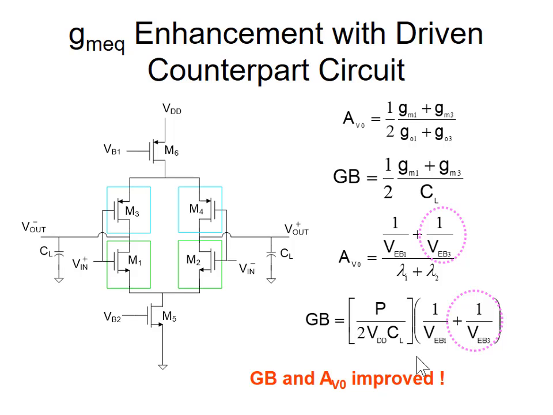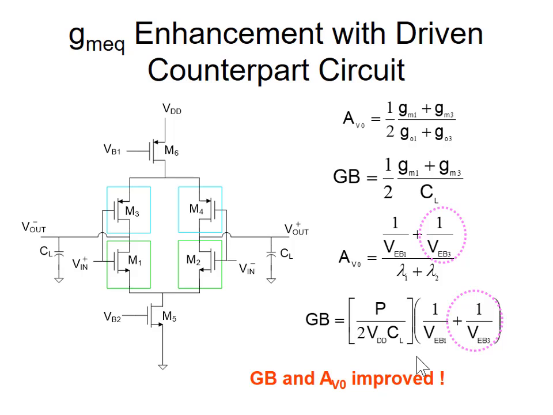So if I sum currents at this node, I can say V out times SCL, oh, I missed the output conductances. This is G out 1, this is G out 2. SCL plus G out 1 plus G out 2 plus GM2 V2 plus GM1 V1 equals 0. But V1 and V2 are both the same and they're equal to VD over 2.